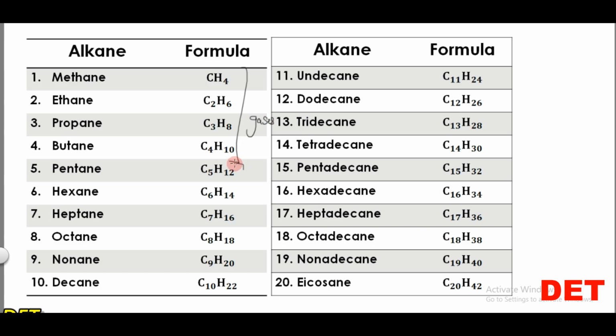From pentane, which is the fifth member, down to pentadecane, they are liquids. And you should know that as the number of carbon increases, the liquid begins to thicken up. From the 16th member down, they are solid.